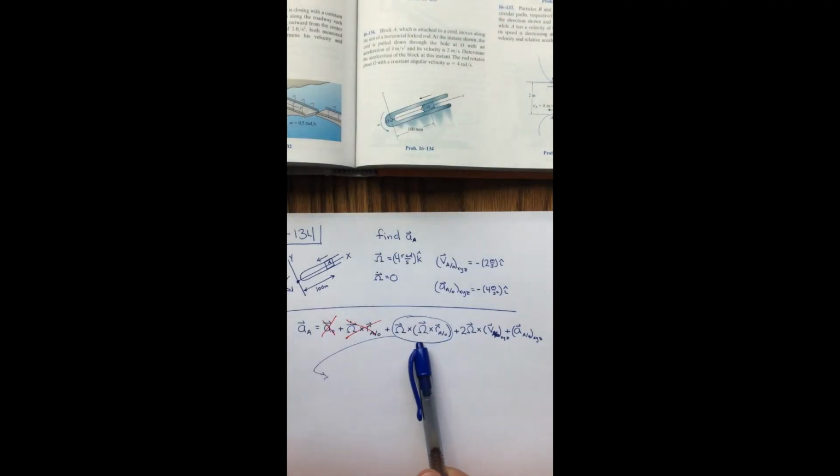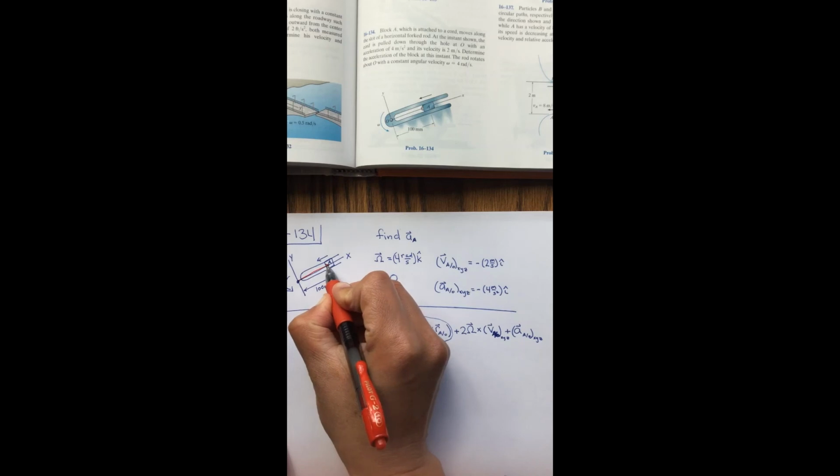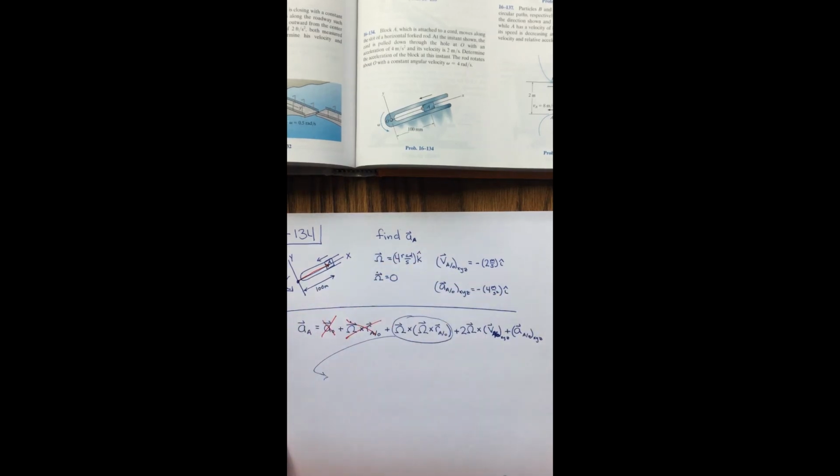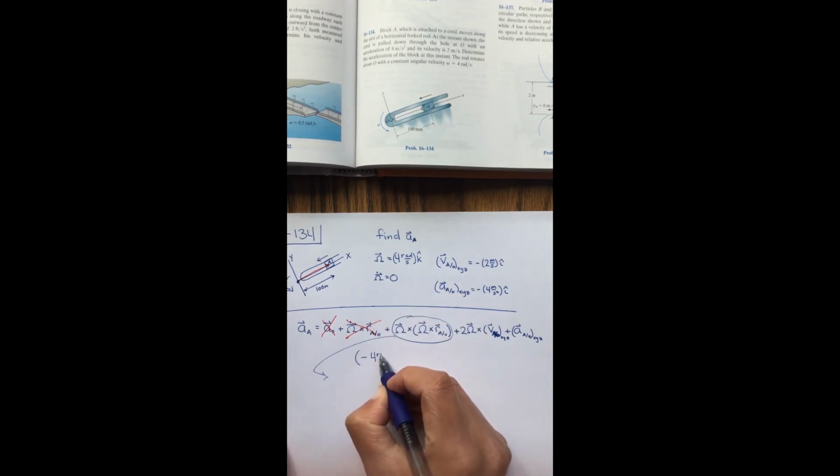And are the vectors perpendicular in this case? The position vector, which goes to point A from point O, that would be like this, has a length of 100 and is pointing in the i hat direction. So this should give me negative omega squared. What's omega? 4 radians per second. So this should give me 4 radians per second, squared.